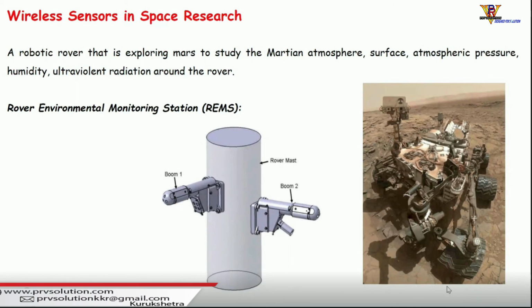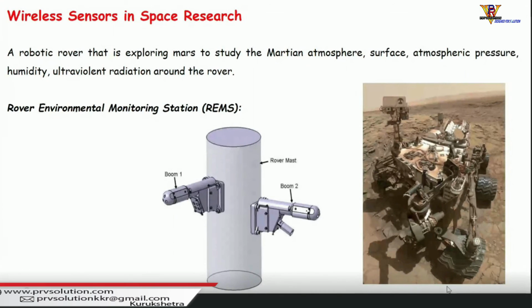So this information shows how advanced wireless sensor networks can be used to study interplanetary atmospheres. These developments can make huge differences in space research and the development of sustainable life on Earth.